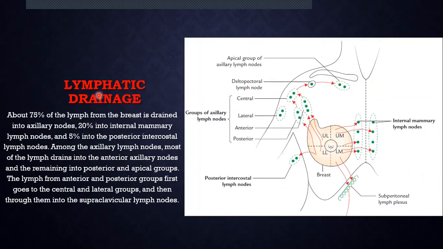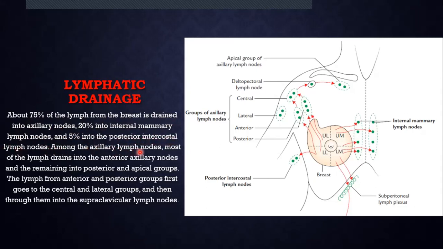So then you have the lymphatic drainage. Cancer cells can either spread through venous drainage or the lymphatic pathway. Now, this is important. About 75% of the lymph from the breast is drained into axillary nodes, 20% into internal mammary lymph nodes, and 5% into posterior intercostal lymph nodes.